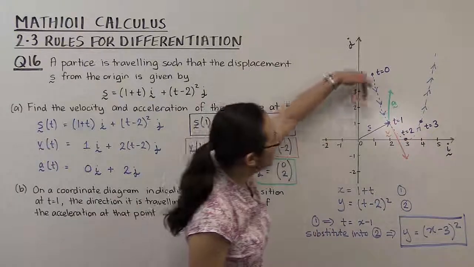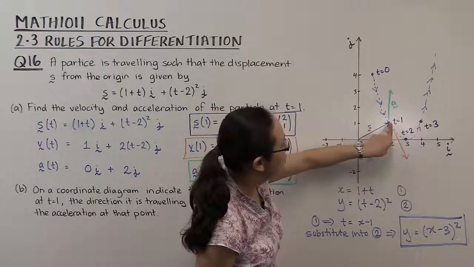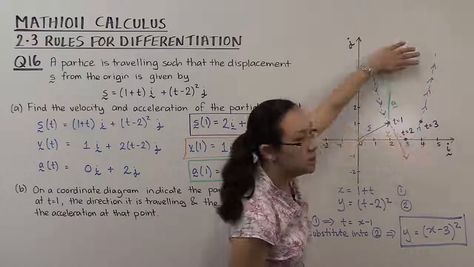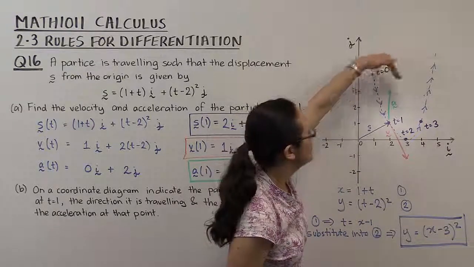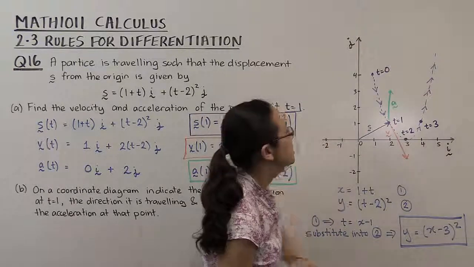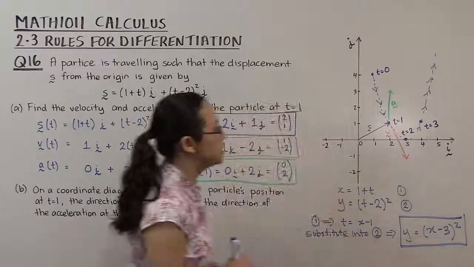Okay, so this makes sense because this velocity vector is the tangent line at this point here, and the acceleration is constantly 2j, so initially it is coming down, but the force is essentially making it turn around and come back up in this direction there.